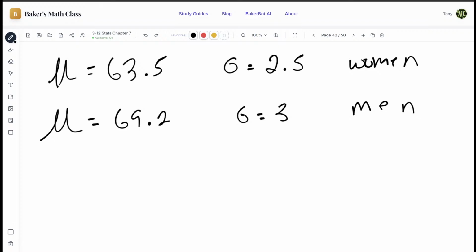You can estimate it. You're finding your percentile for how tall you are.